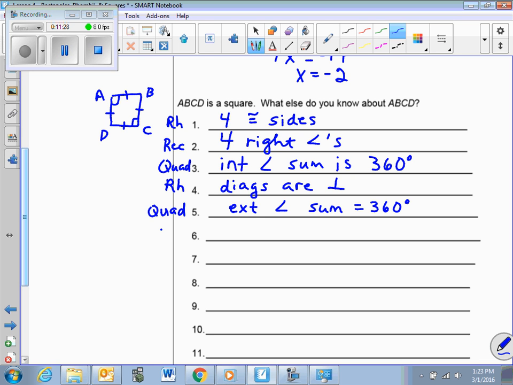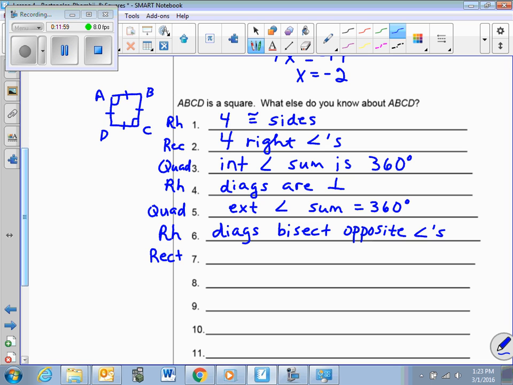All right, again, what else do we know about our square ABCD because it's a rhombus? Something else about the diagonals. Think about it. We know that the diagonals bisect opposite angles, right? How about this?